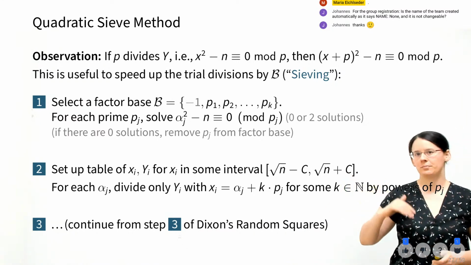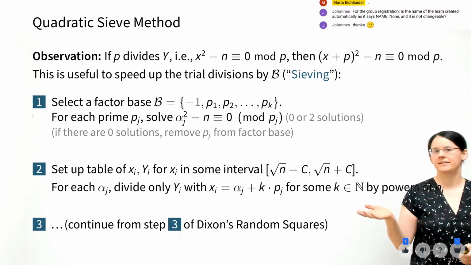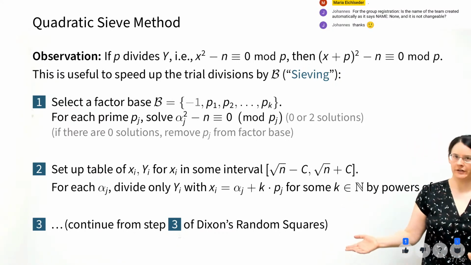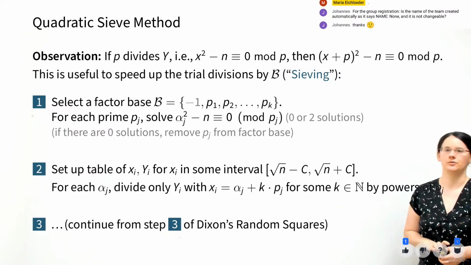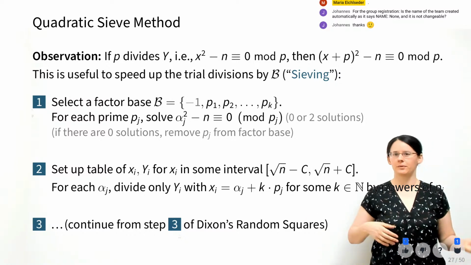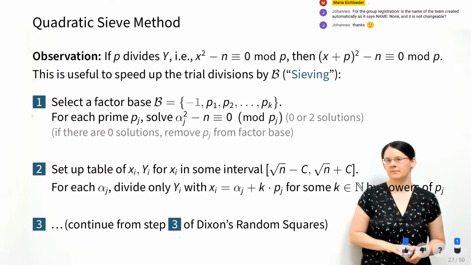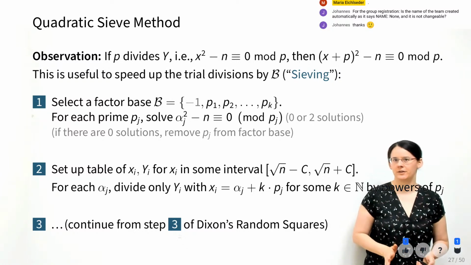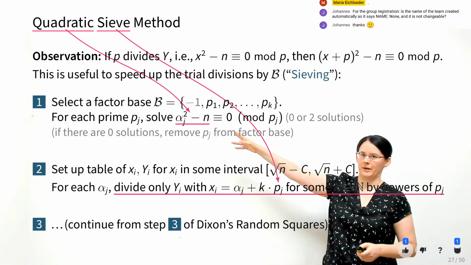So we step through each prime number and divide all the numbers by this prime number. And at the end, we continue as before. So we check which ones were reduced to 1. We keep those, we throw away the rest, and then we can proceed as in the previous algorithm. So the only difference between the two is the sieving with a quadratic equation.